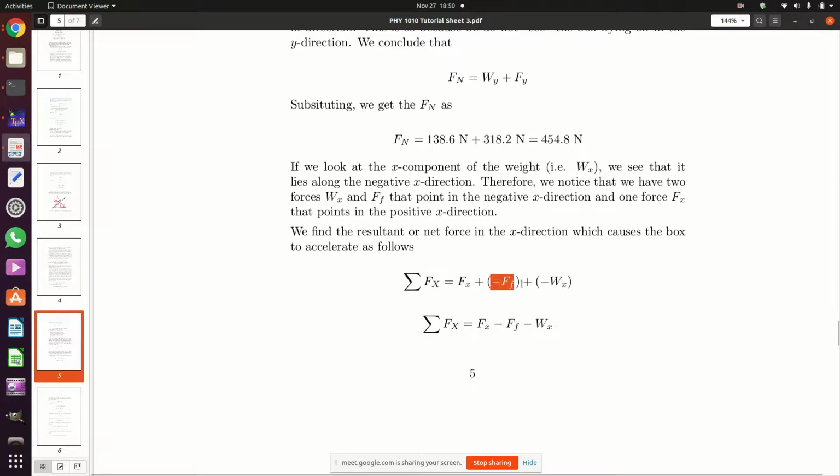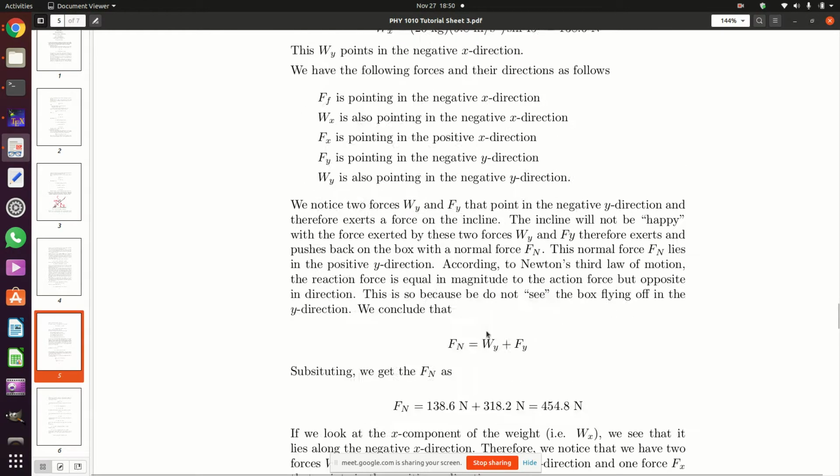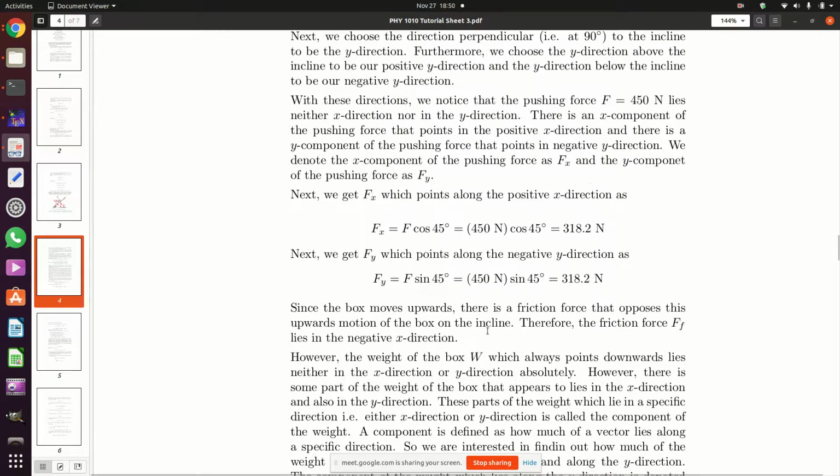These are negative, they point in the negative direction, this one is pointing in the positive x direction. So we end up having Fx minus this and that. We know Fx, we found it.